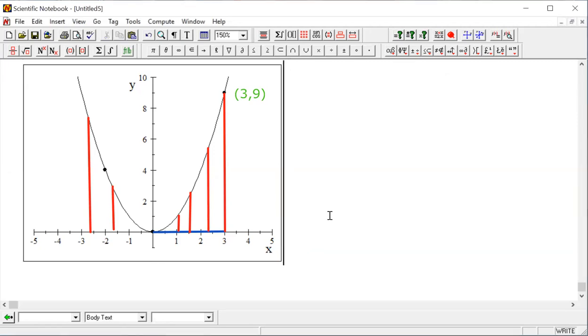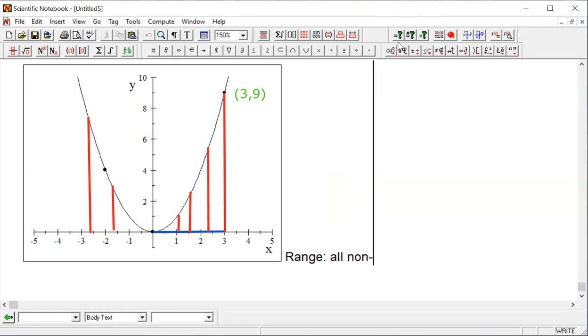If you say all positive numbers, that would be wrong, because all positive numbers does not include 0. We have to include 0. So the range should be what? All non-negative numbers.